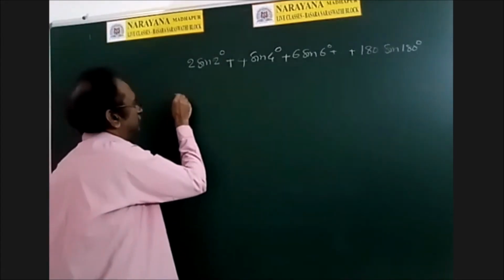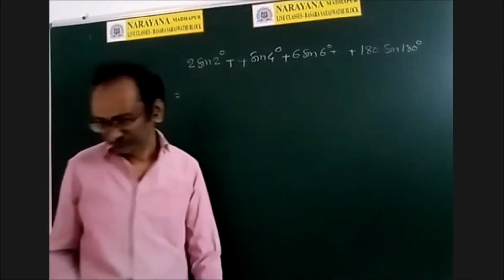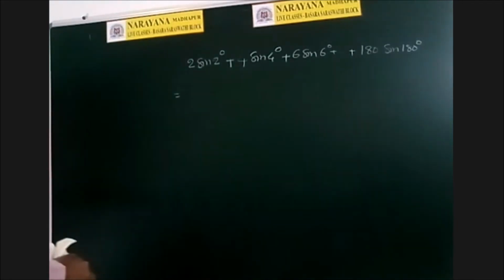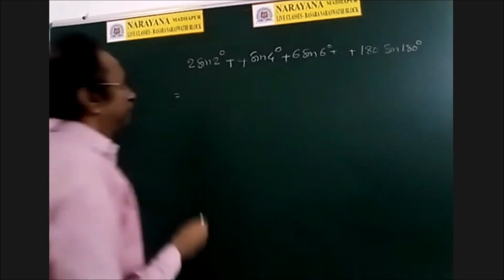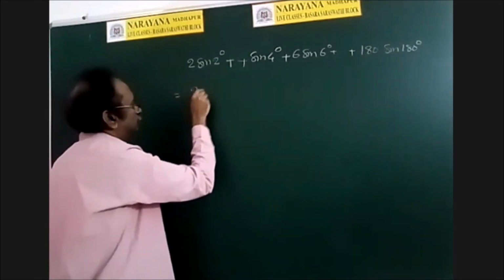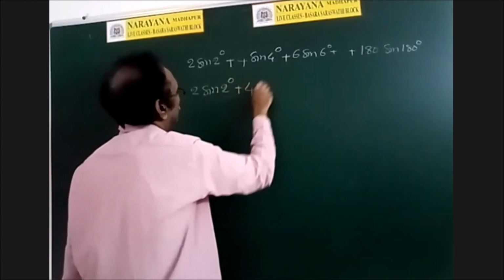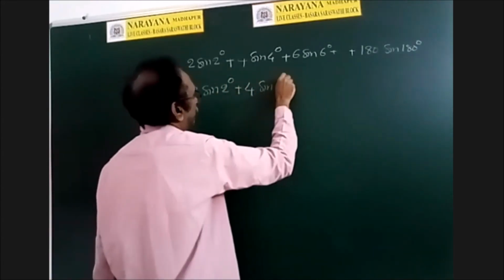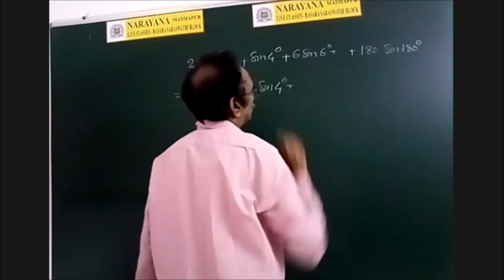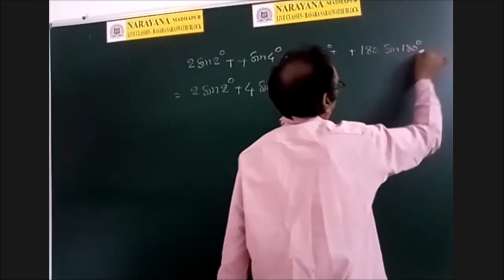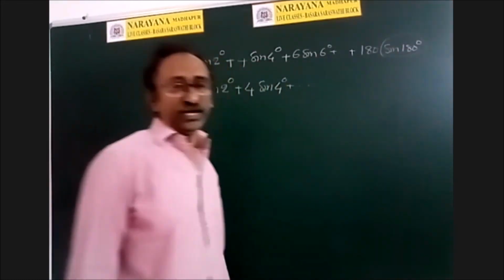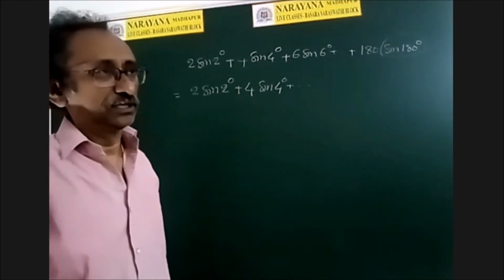See, first of all, this is equal to 2 sin 2 plus 4 sin 4 plus so on. See this sin 180 degrees. What is sin 180 degrees? That is nothing but 0.